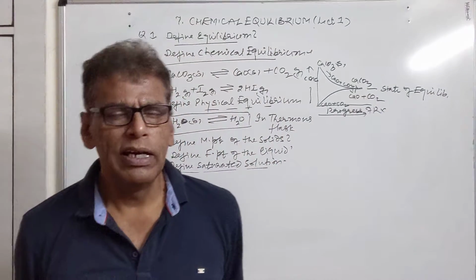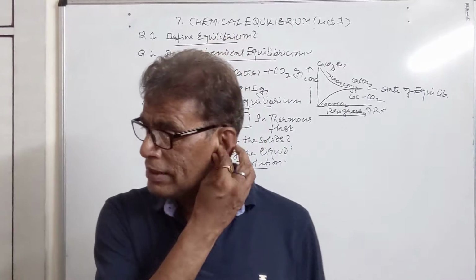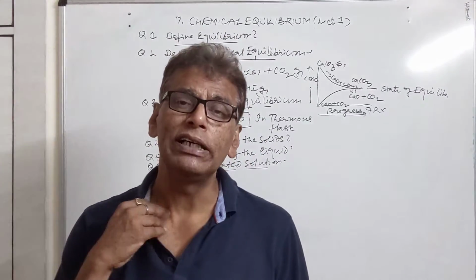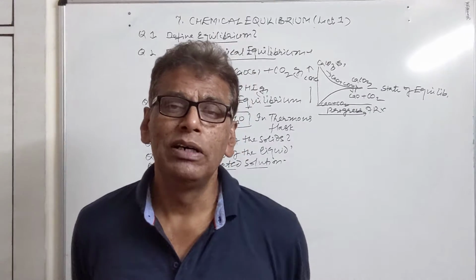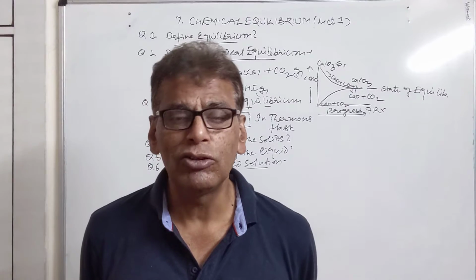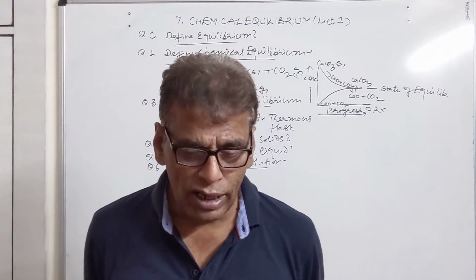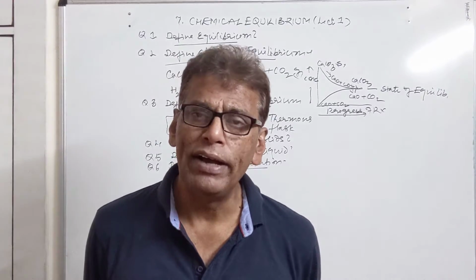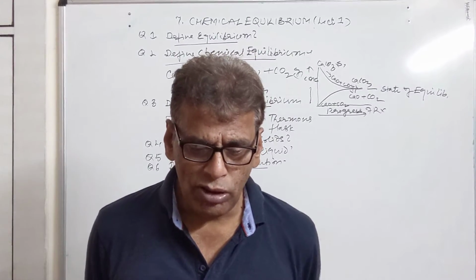This state is called the saturated state because it has the maximum dissolved solid in it. It has dissolved according to its capacity, and beyond this point no more solid can be dissolved in the solution.